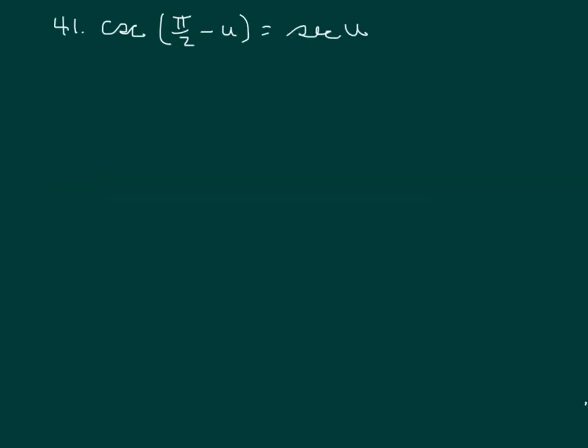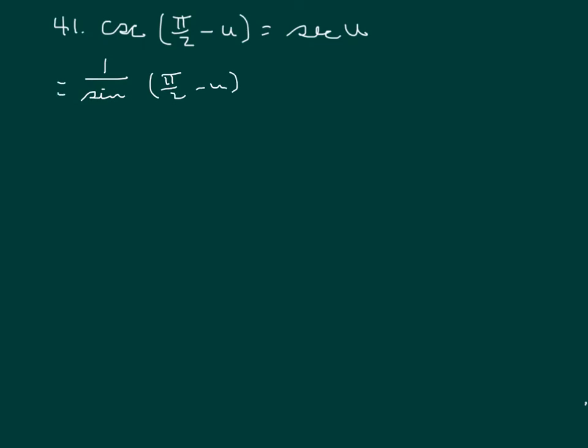In problem 41, we want to prove that the cosecant of pi halves minus u is equal to the secant of u. Let's break the cosecant down into its basic definition. This is 1 over the sine of pi halves minus u.